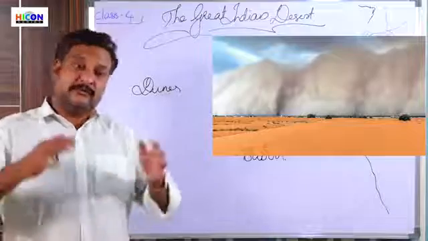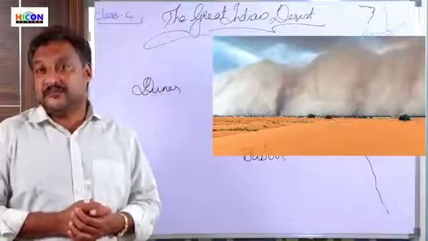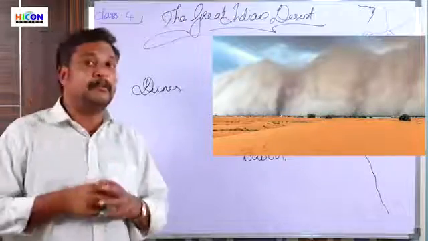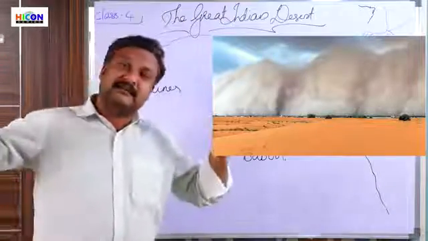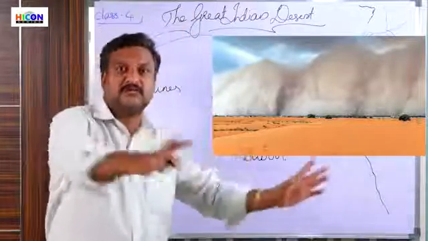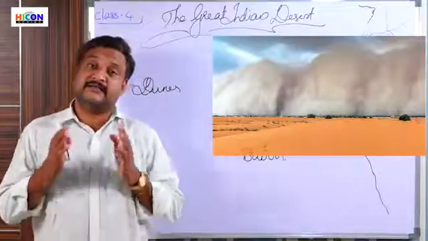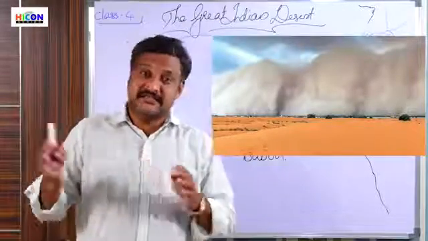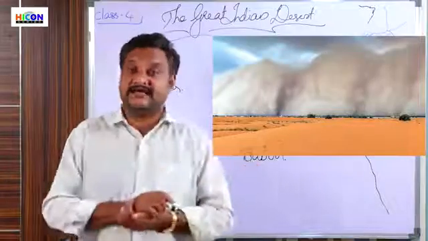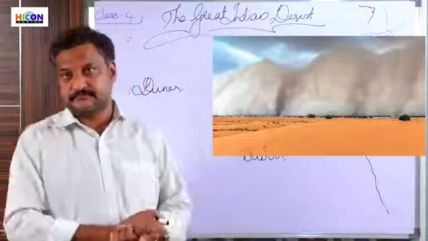So, when the speed of the wind reduces, what happens? All the sand that this wind was carrying gets settled, deposited at one place. Got it? All the sand that it was carrying gets deposited at one place, and that appears to be a heap, a hill.